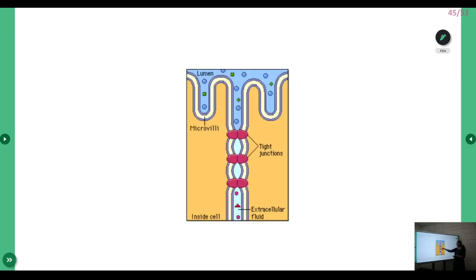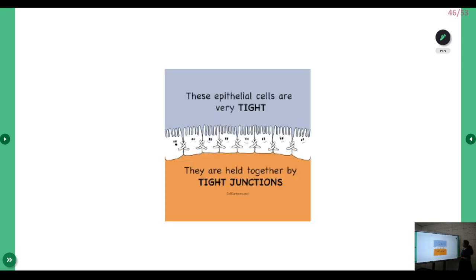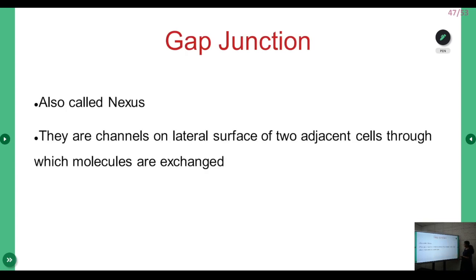So these tight junctions allow the movement of substances, that is, the exchange of hydrophilic small molecules takes place through them. The epithelial cells are tightly bound together by means of these tight junctions.